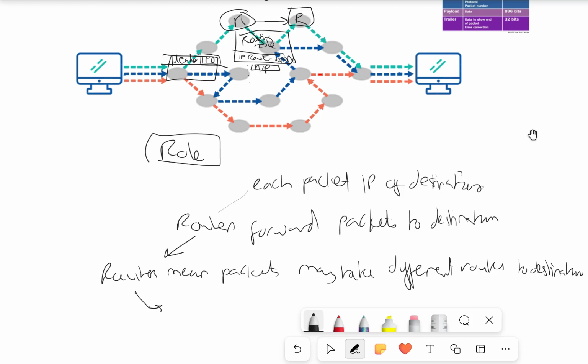And then finally, at destination, packets are reassembled. Keep in mind that normally we go for the shortest route, but it could also be an available route due to traffic or bandwidth available.